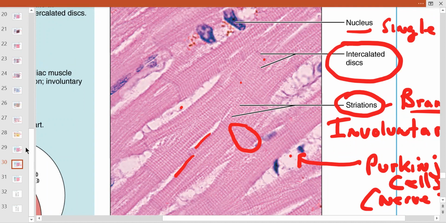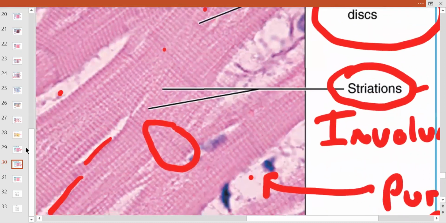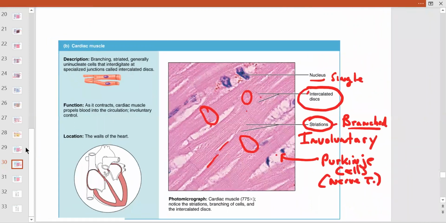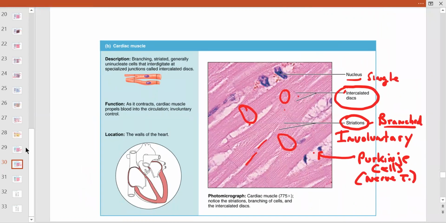So intercalated discs usually stain a little darker. If we look close we could see them, but not really. This is not the best histology, but I see it. So you have to look for intercalated discs to know the difference between skeletal and cardiac muscle. And know the function: pumping blood into circulation, involuntary, branching, singly nucleated with these intercalated discs on this cartoon up here.